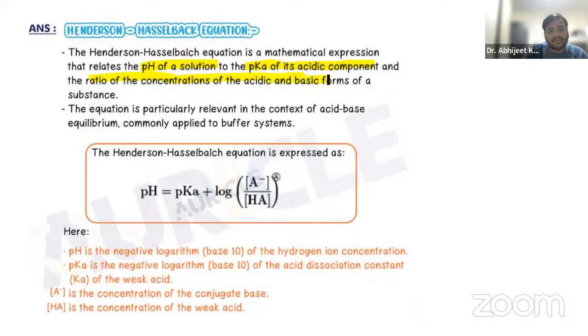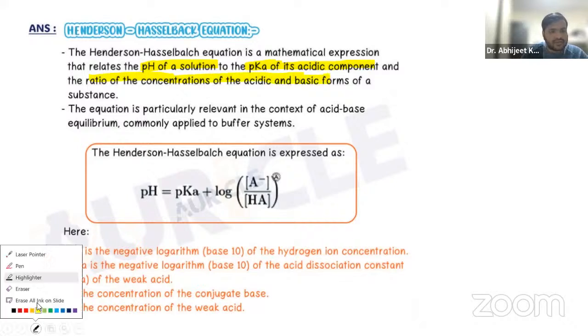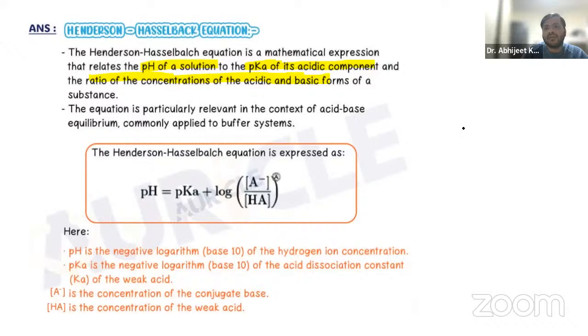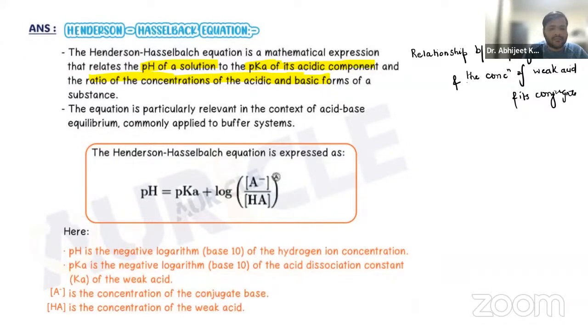So remember, if we just want to write it in short, it is the relationship between the pH of the solution, very important, and the concentration of the weak acid and its conjugate base.